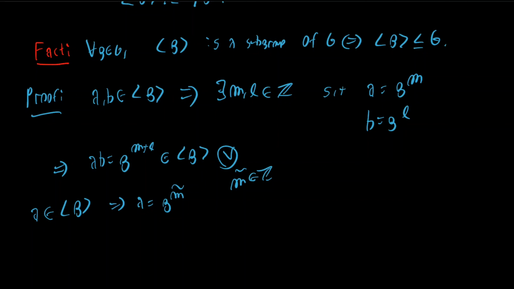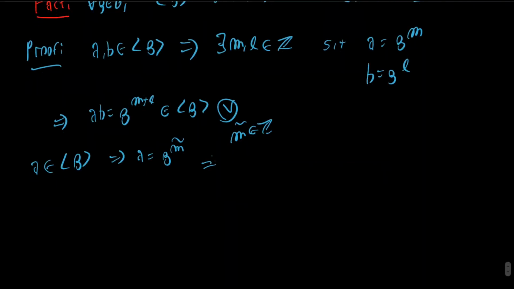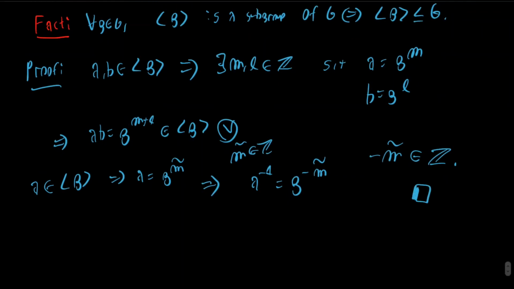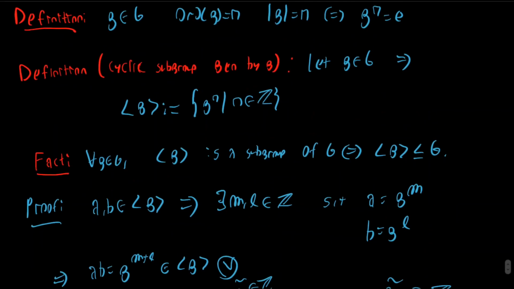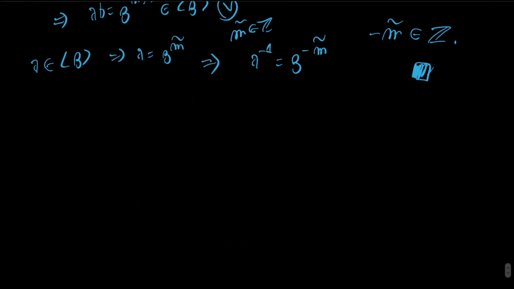But then its inverse, A to the minus 1, is just given by G to the minus M tilde, which is still, of course, an integer. And so we have proven that this is actually a subgroup, and we call this the cyclic subgroup generated by G.